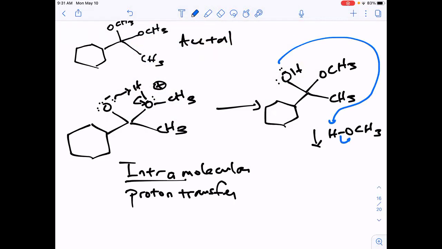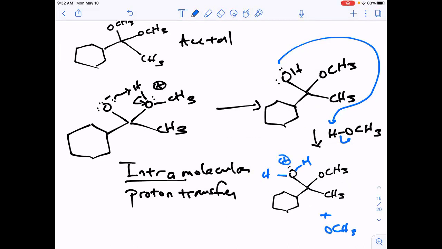That gives me this. Now I'll write out both protons so it doesn't look so goofy. Now we have water as our leaving group, plus OCH3 minus.